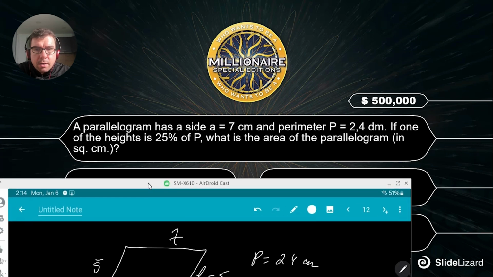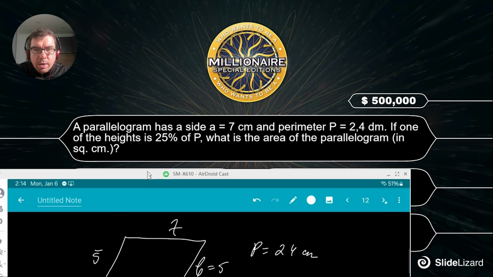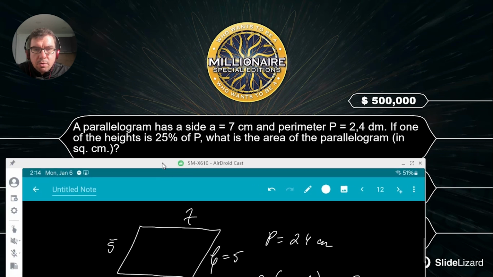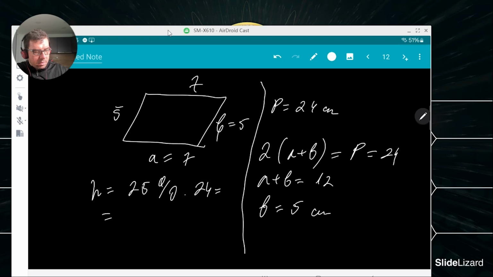And then if one of the heights of the parallelogram is 25% or a quarter of the perimeter, so h equals 25% times 24, which is 1/4 times 24, which is 6 centimeters, right?